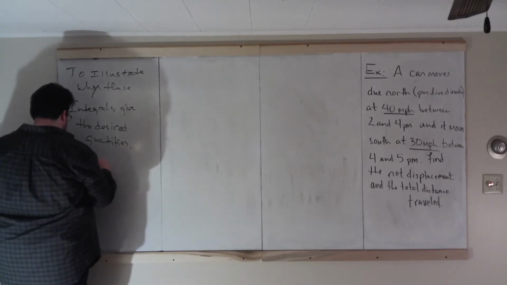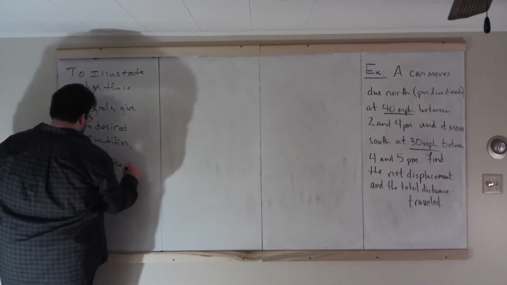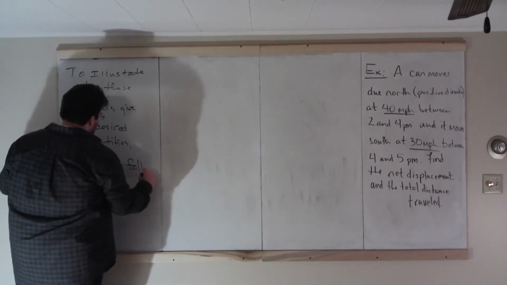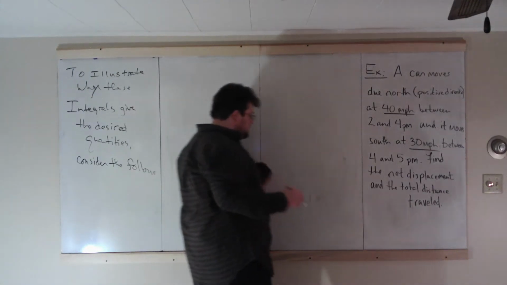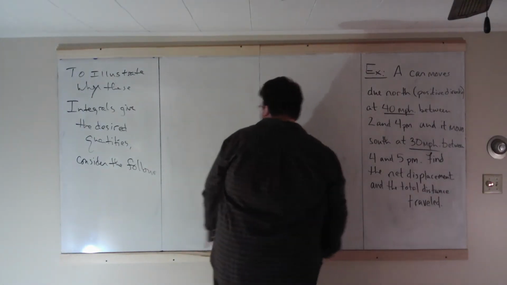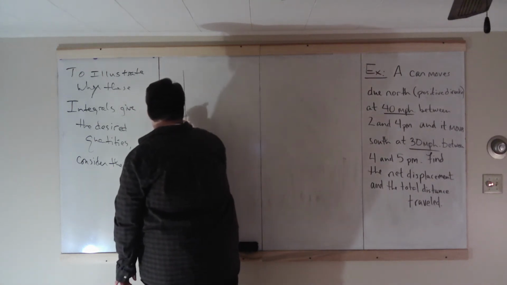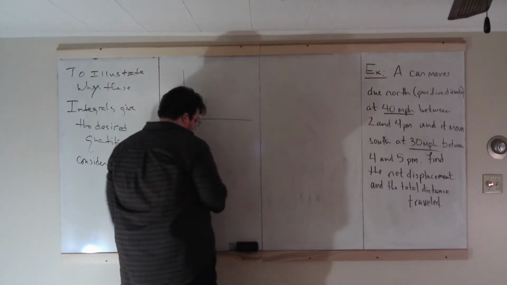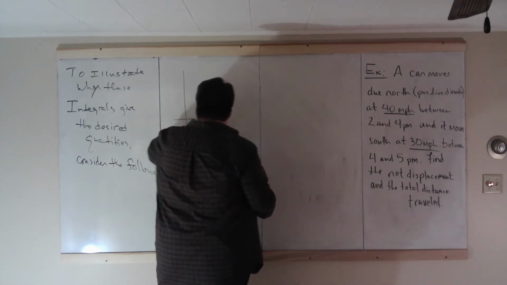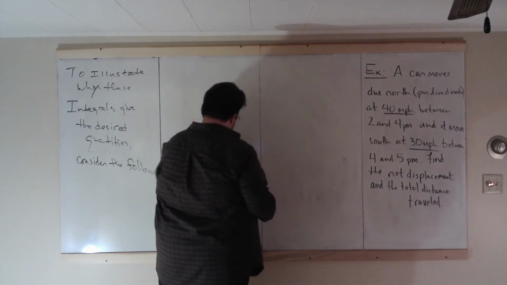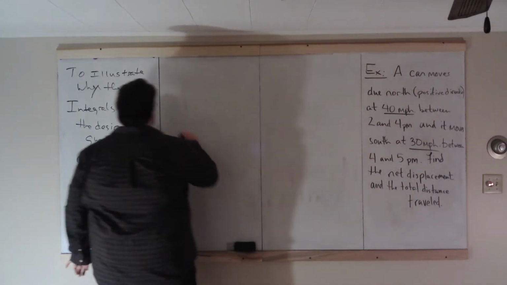It might be one graph, it might be two graphs. I haven't decided yet. Let's draw it bigger. We're going to put velocity on the y-axis and time on the x-axis.